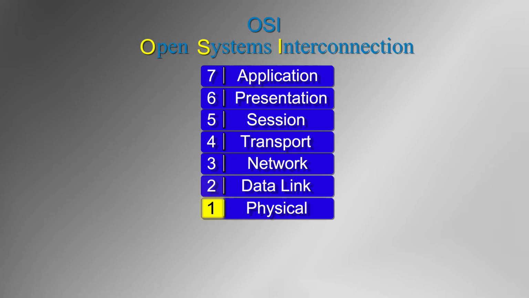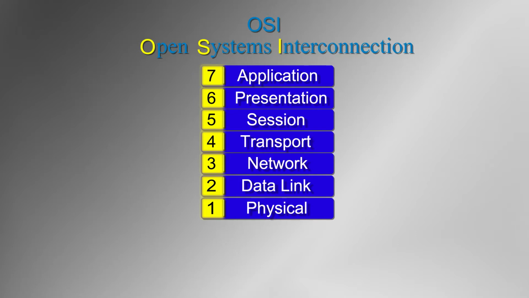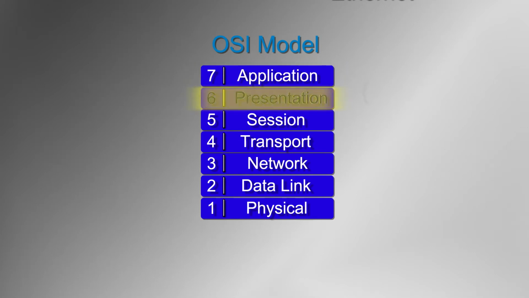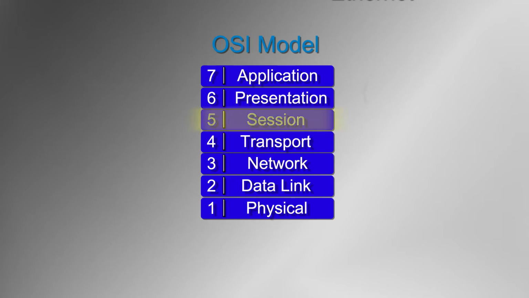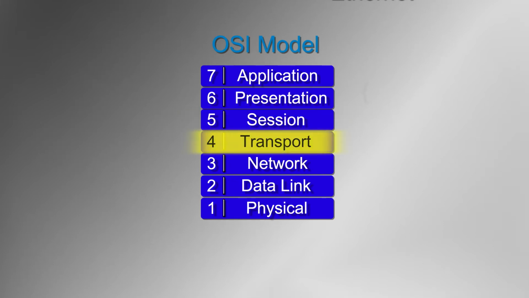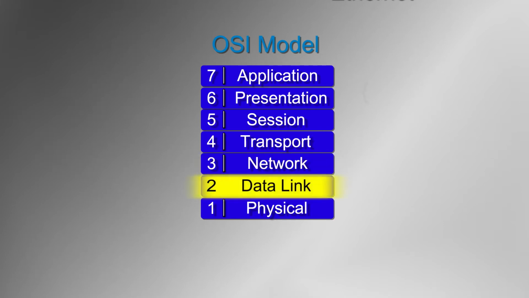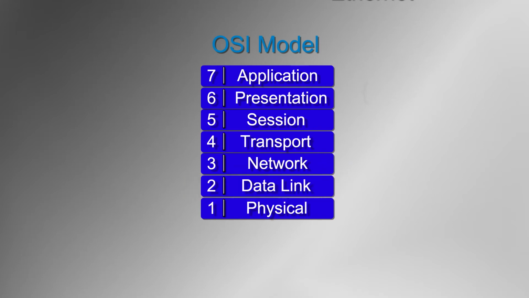As I mentioned before, the OSI model consists of 7 layers. We are going to discuss these layers starting from the top going to the bottom. The top layer is the application layer, and then comes presentation, session, transport, network, data link, and finally the physical layer.